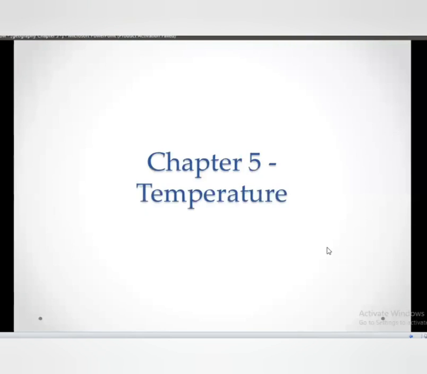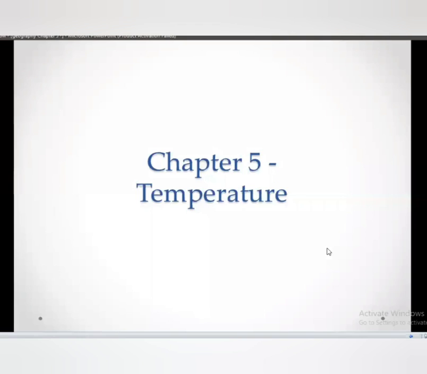This chapter is the detailed explanation of one of the elements of weather, and that element is temperature. So, our next chapter is chapter 5, temperature.